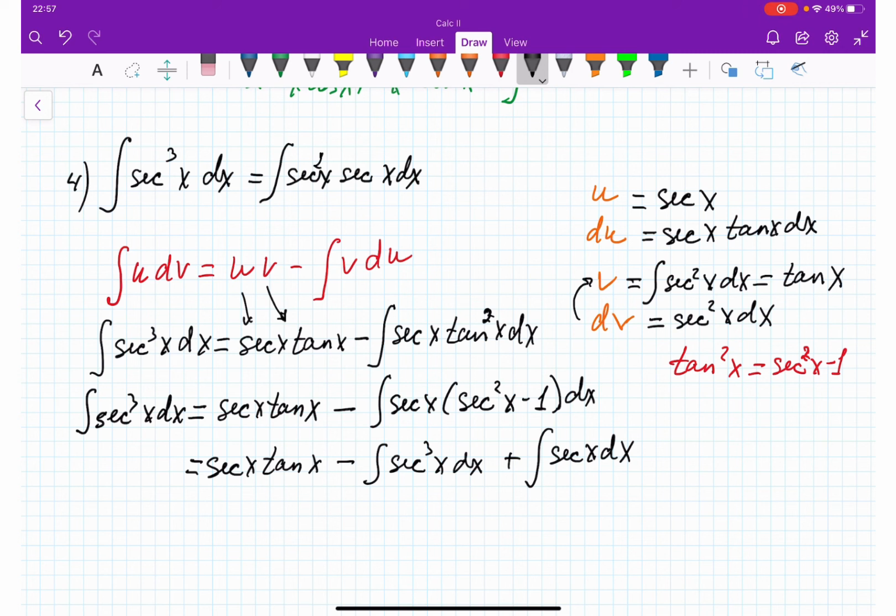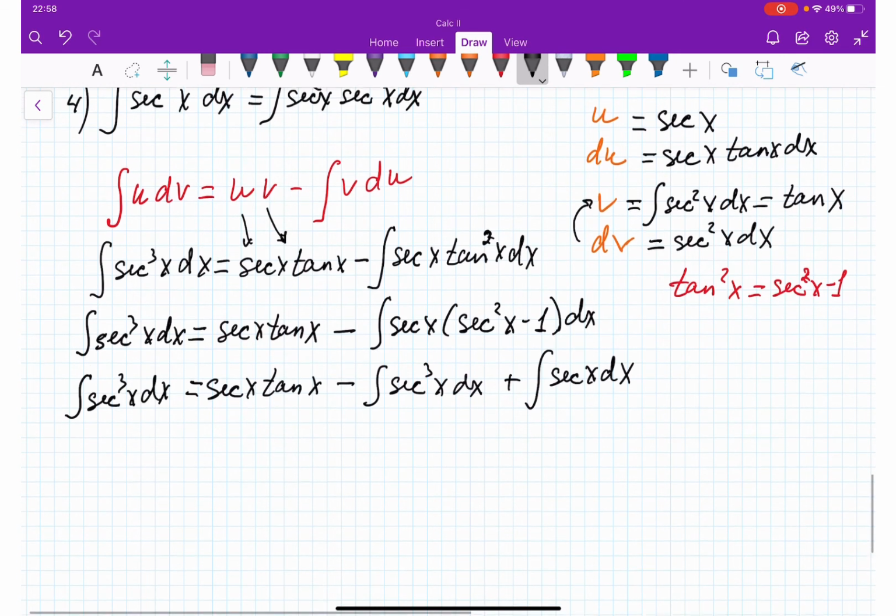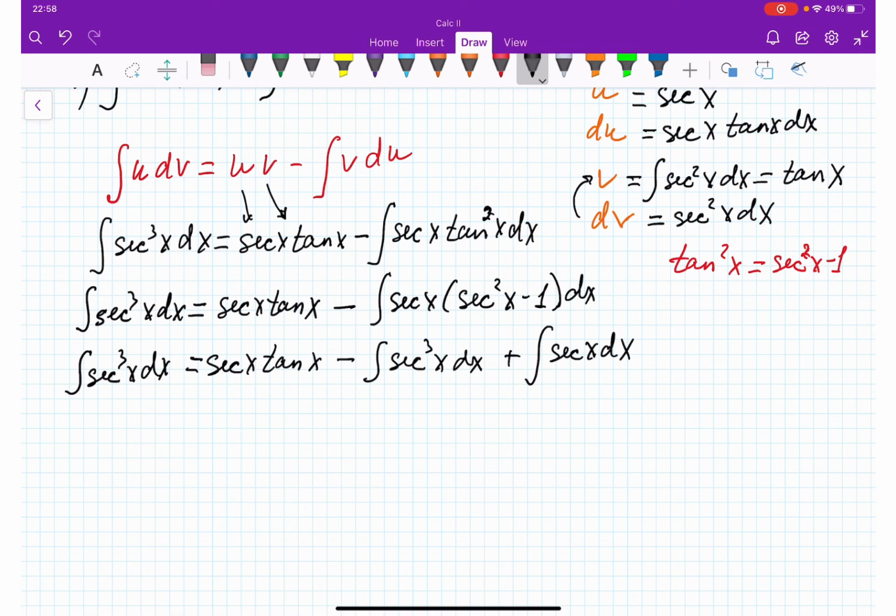Okay, so let's collect like integrals in this case. It's going to be a very interesting solution here. I have integral secant cube x dx on the left, and I have integral secant cubed x dx here.